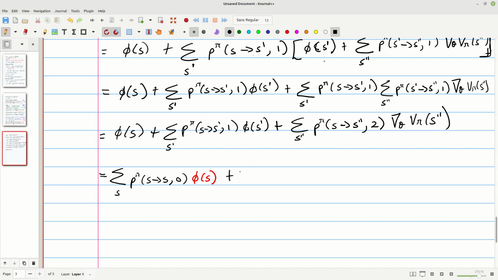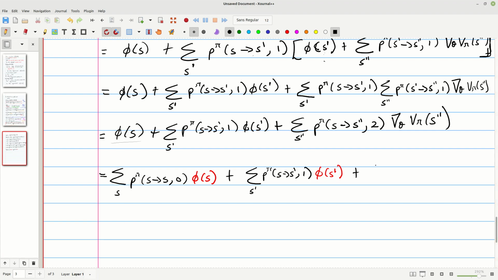Plus, and the reason why we can do that is this probability is just 1, from transition from s to s prime. So these terms here are the same. So plus the summation over s prime, which is the second term over here, of p prime from s to s prime in 1 step times phi of s prime, right?